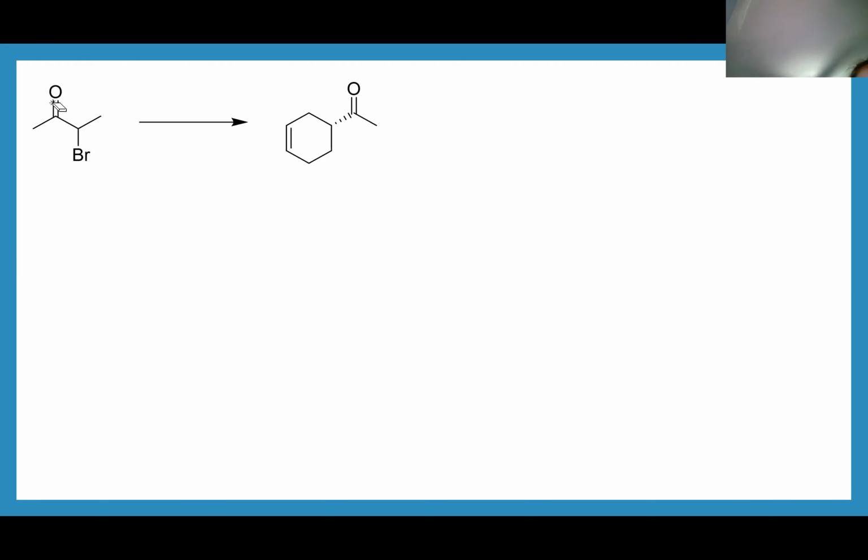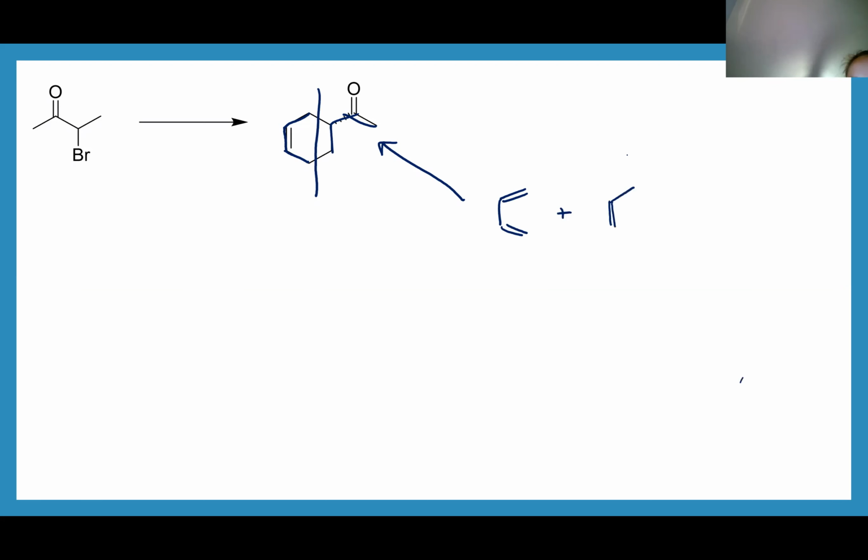So if you break this apart mentally using the thing that we just did, we want to break these bonds. So we know that these 4 carbons must come from our diene. These 4 carbons come from our dienophile. We can identify the structure of our diene and our dienophile.